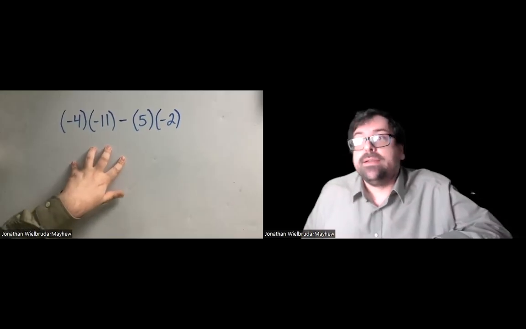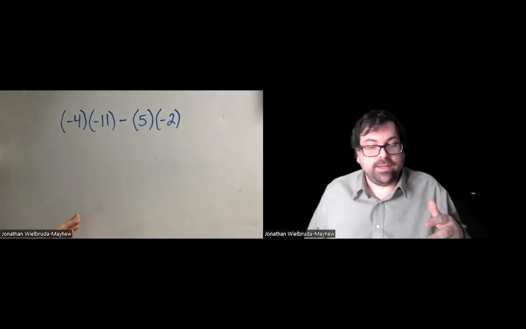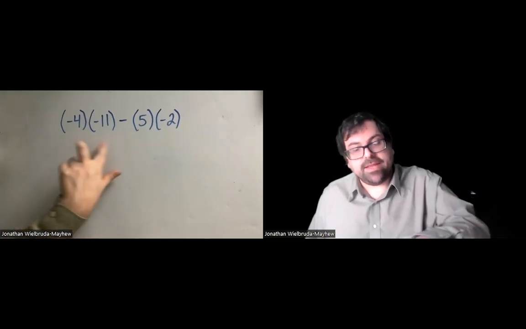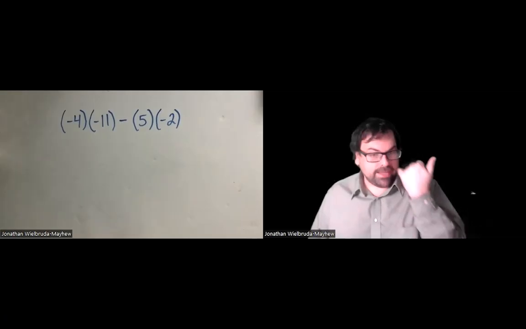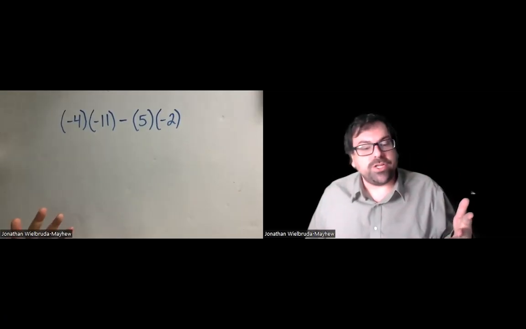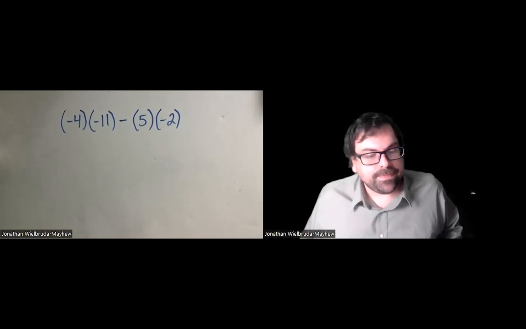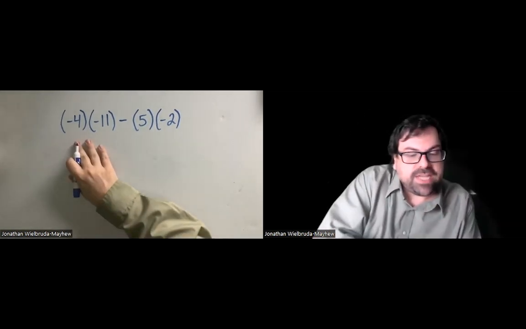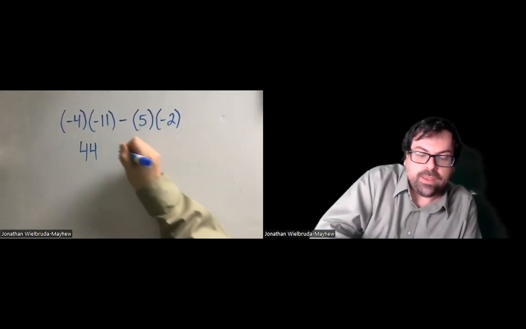Looking at this, be careful. This is not 4 things multiplied together. This is 2 things multiplied together, and then we are subtracting 2 more things multiplied together. So if we follow order of operations, we have to do the multiplications first. Negative times negative is positive. 4 times 11 is 44.